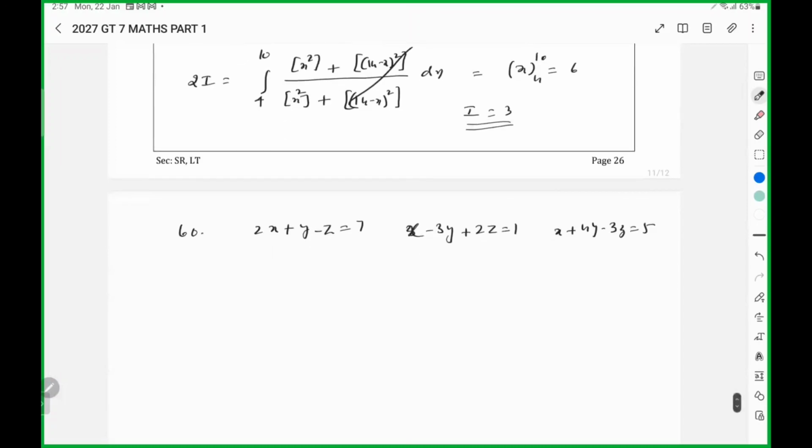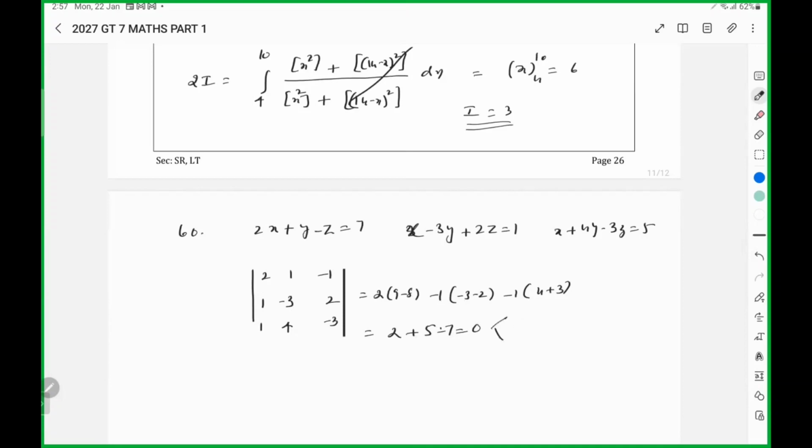First, what you have to do is find the determinant, which is equal to 2 times 9 minus 8 minus 1 into 2, plus 5, 0.